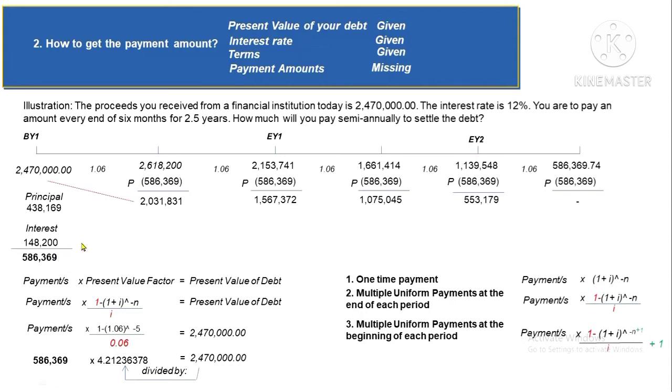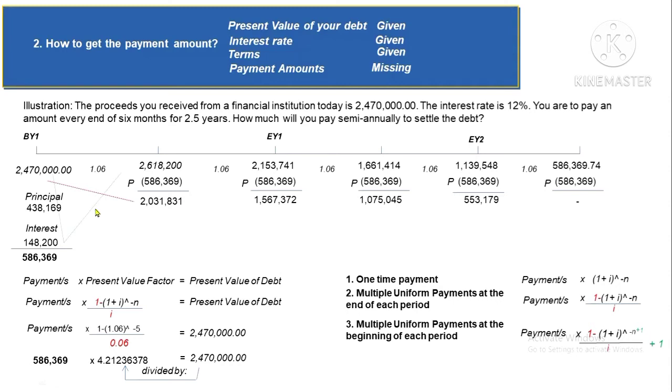However, there is another method of getting the interest payment. And how do we do that? Remember, the beginning liability is 2,470,000. However, after 6 months, it was multiplied by 1.06 and it became 2,618,200. Actually, the difference between those two is the interest payment.